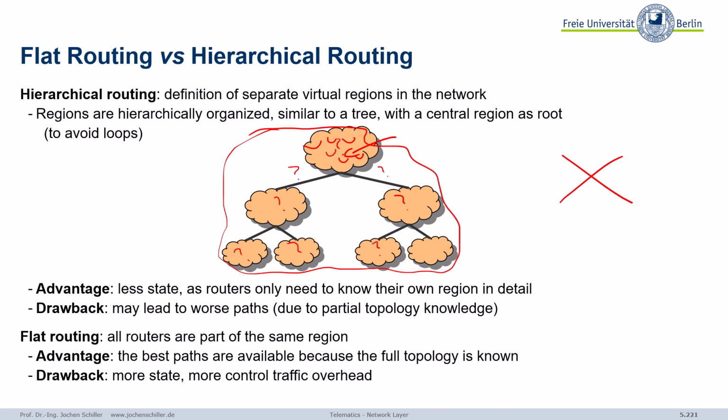All the other autonomous systems, as they are called. But they don't know the precise topology inside other organizations' autonomous system. That's the only way really to handle this huge worldwide network. Flat routing, you can do this for small networks, some dozen nodes, but not for millions of nodes.